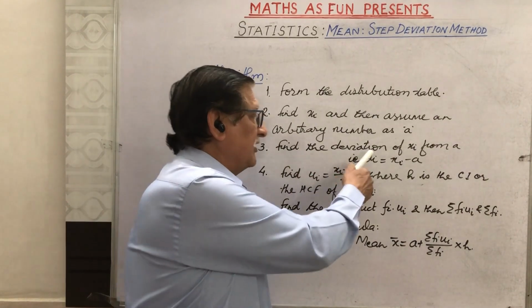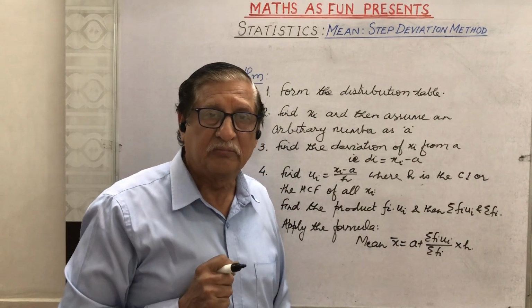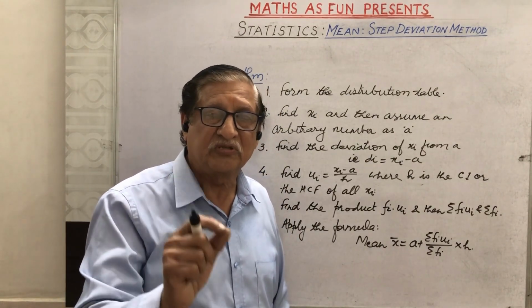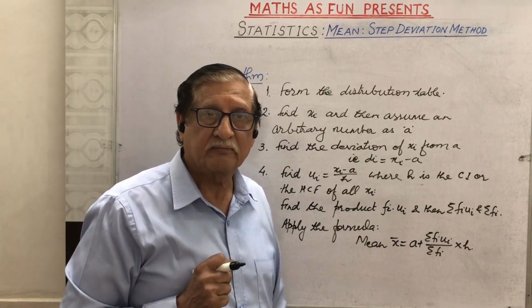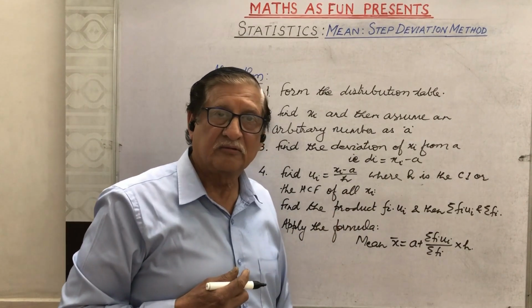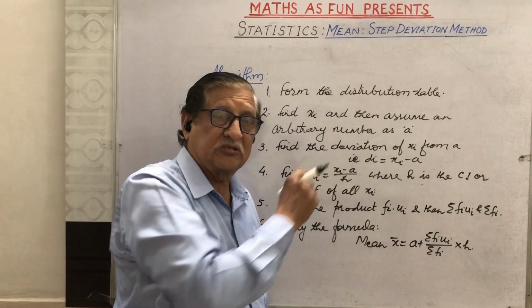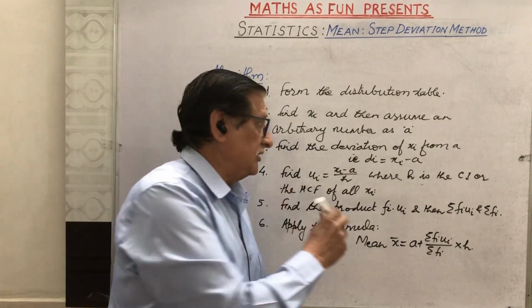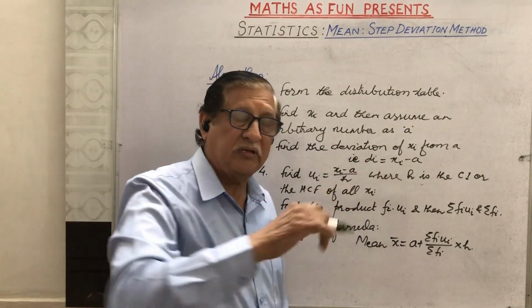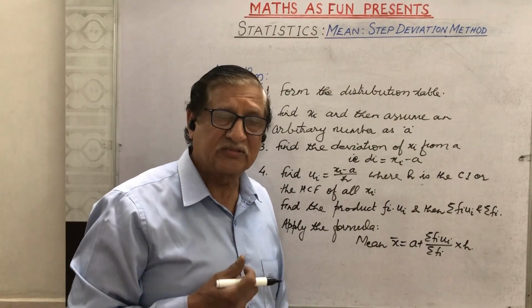After that we have to find the deviation of every data from this arbitrary number which we have considered as a. That is di equal to xi minus a. After this, the new step in this step deviation method is that in case our di is a bit larger, we can make it a bit smaller by dividing by some number.